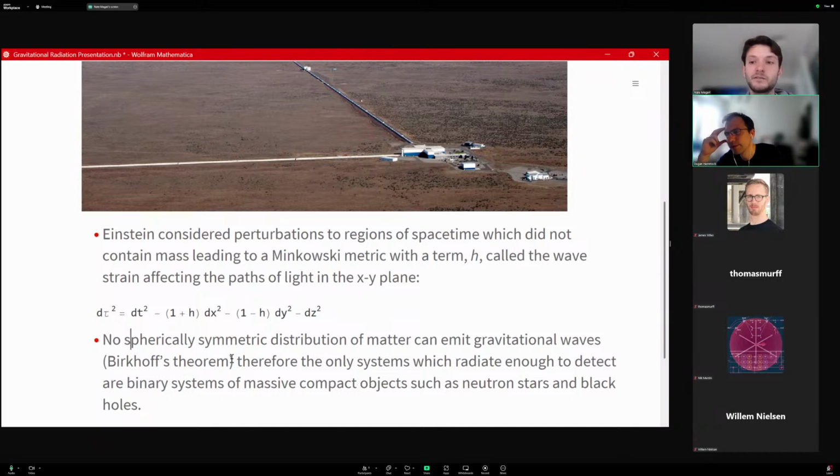Wait, so in the far field gravitational limit, it doesn't matter if you have a mass that's spread out, spherically symmetric, or concentrated into a black hole, let's say? Yes, outside the event horizon, at least. Yeah, exactly.